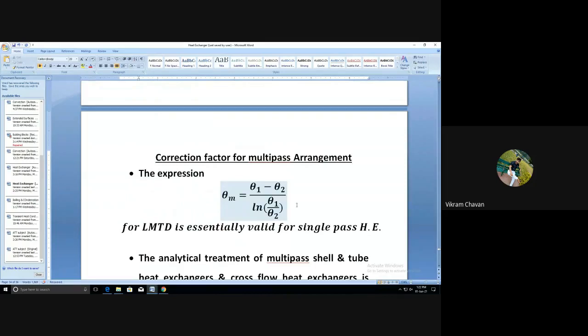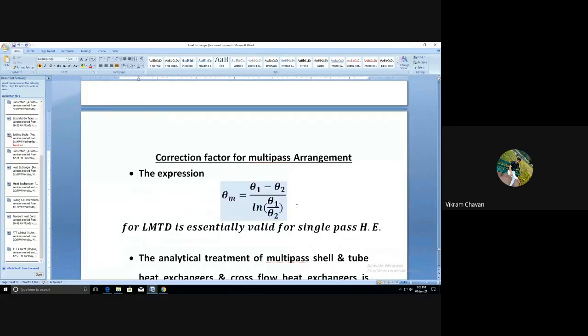Now this particular expression is valid or applicable for single pass heat exchangers. Single pass means the fluid is not circulated once again in that particular shell, or in that concentric tube or annulus.